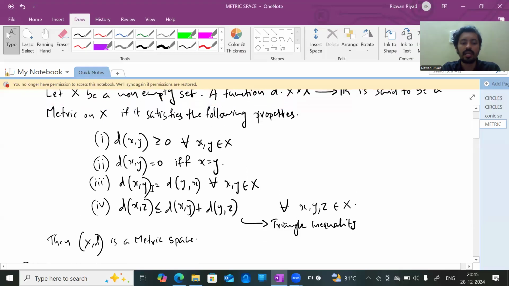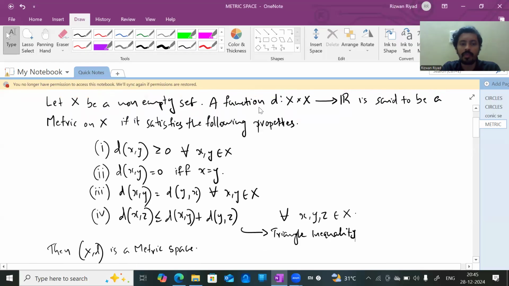Yes. Then if d is a metric, that means it satisfies all these conditions, we can say that (X, d) is a metric space. We have a non-empty set capital X, and in that X we have a metric small d, and together they constitute a metric space.